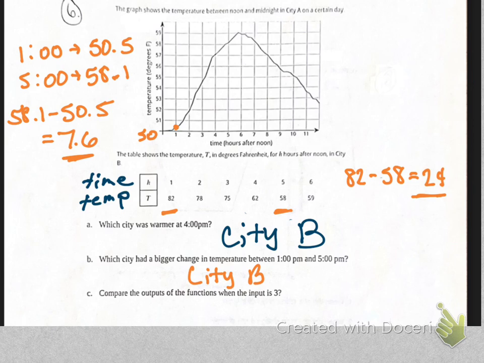All right, one more question about these. Compare the outputs of the functions when the input is 3. So when you look at the graph, if you're looking at an input of 3, you're looking at your x-axis because your x is your inputs. So we're going to go over to 3, and we're going to find the output by finding the temperature it was at 3. So we're real close to 55.